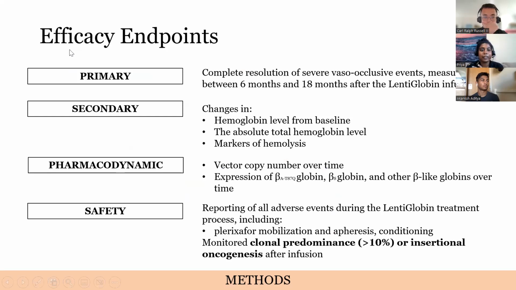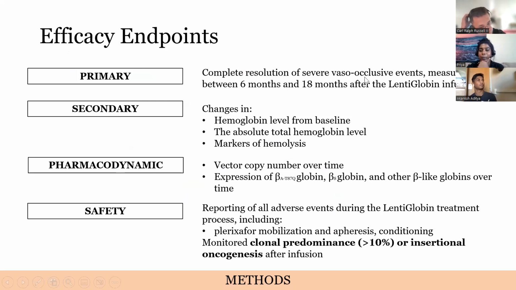One other thing they monitor is efficacy endpoints. Depending on how severe the patient is, it might take different amounts of time to reach a certain treatment effectiveness, or efficacy. Some patients might take a longer time to feel better, right? And these are just the different checks that they use.